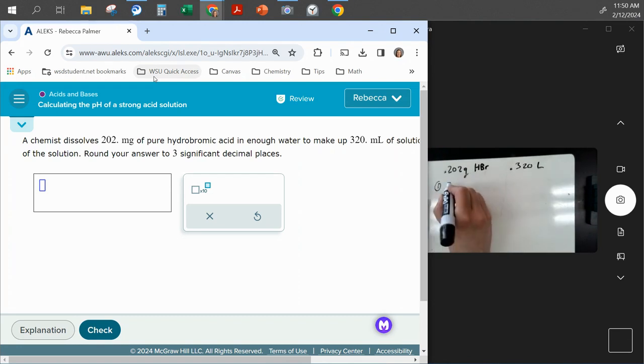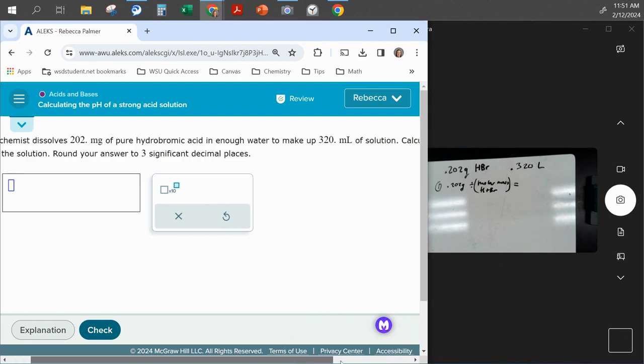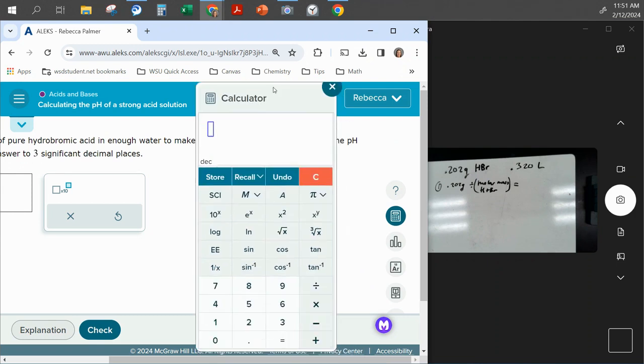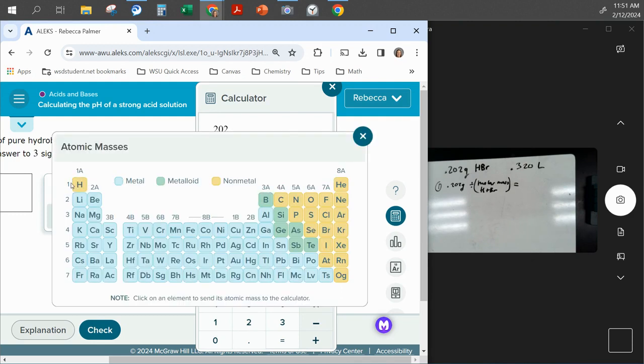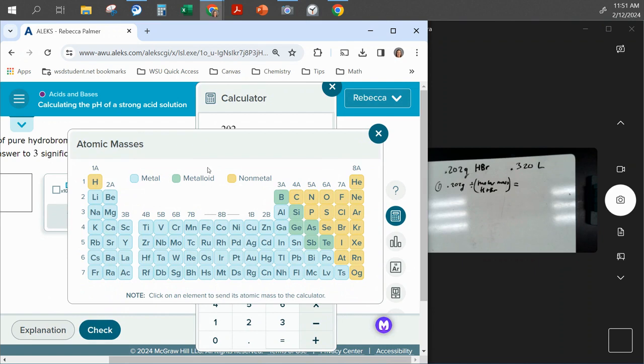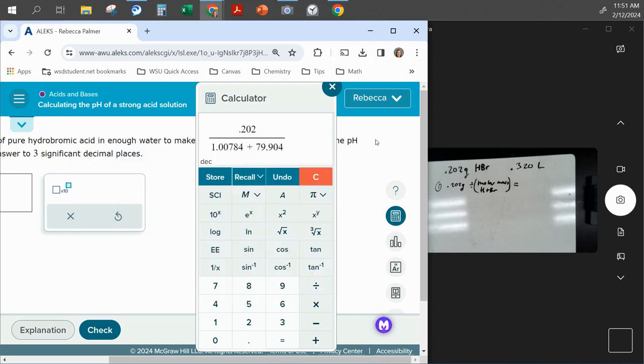Okay, so the first thing I'm gonna do is I'm gonna take my mass, 0.202 grams, and then divide by the molar mass. And I know the molar mass because I know the formula, H plus Br. Divide by the molar mass, which is hydrogen plus bromine, hydrobromic acid.